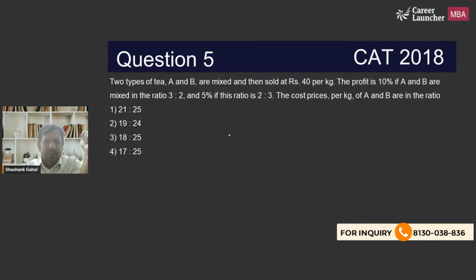So I have A, I have B, and let's assume the cost of A is A, the cost of B is B. So what is going to be the cost of 1 kg if I'm taking the first scenario? So 3 kg of A is 3A, 2 kg of B is 2B, divided by 5.